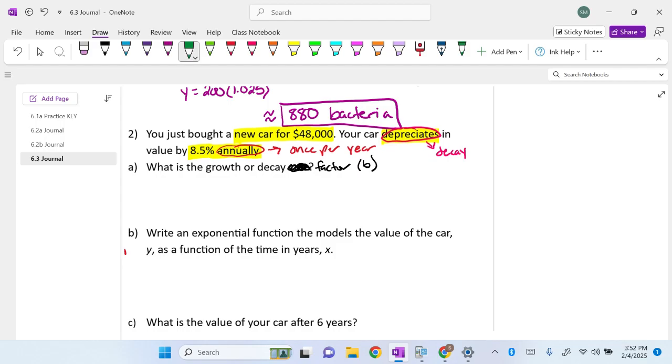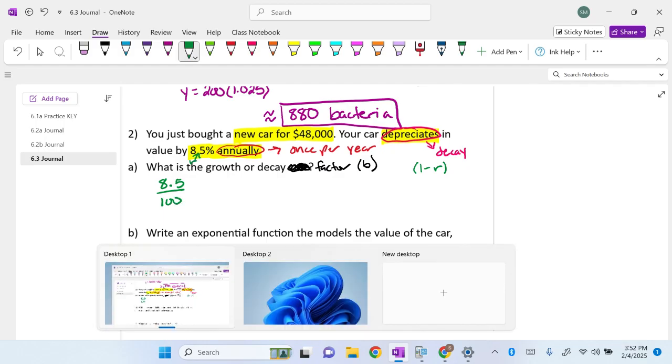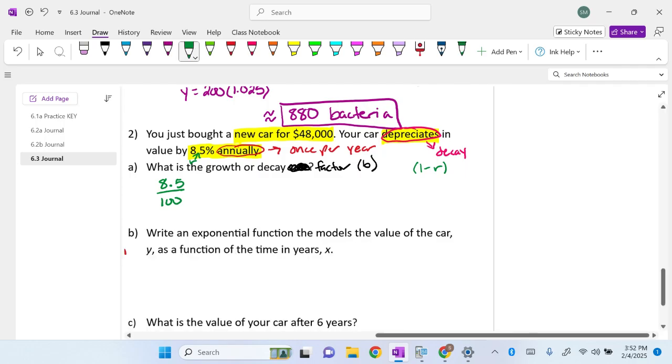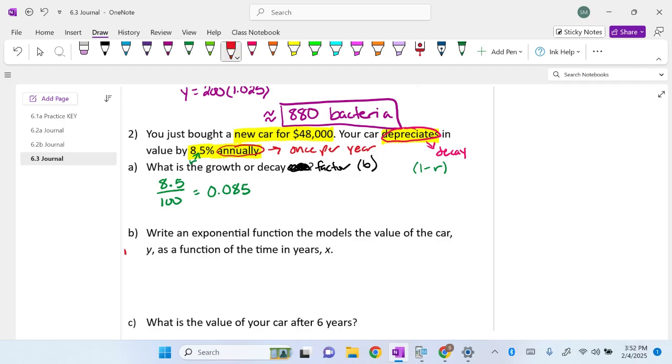So since we're doing a decay, that means we're using the 1 minus r formula to find that B value. So I'm first going to do 8.5 divided by 100. So I have my rate or my R value right here as a decimal. So this would be 0.085. Then I'm going to put it back into the formula.